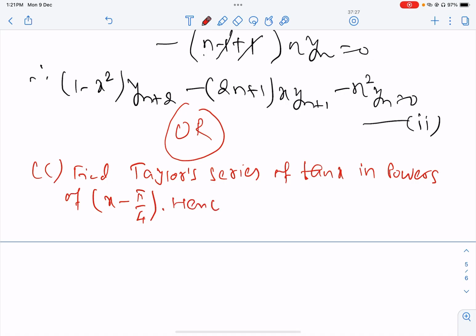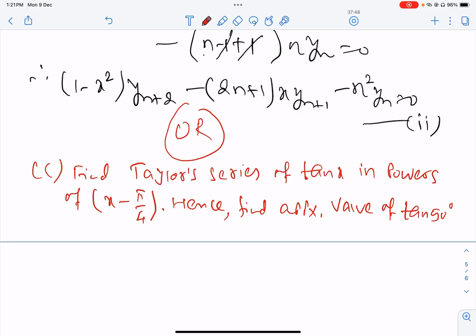Hence, find approximate value of tan 50 degrees.